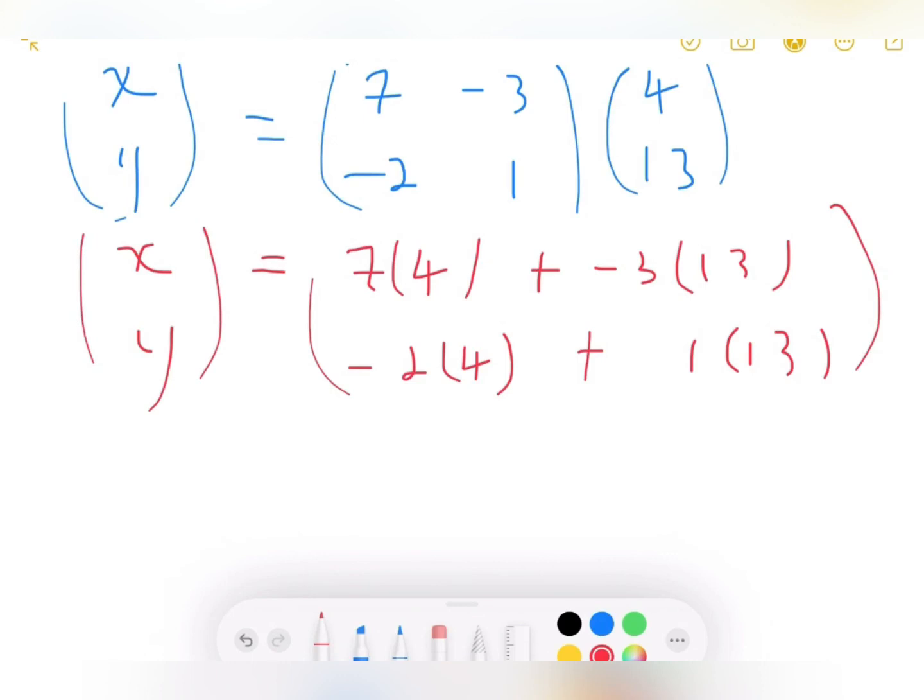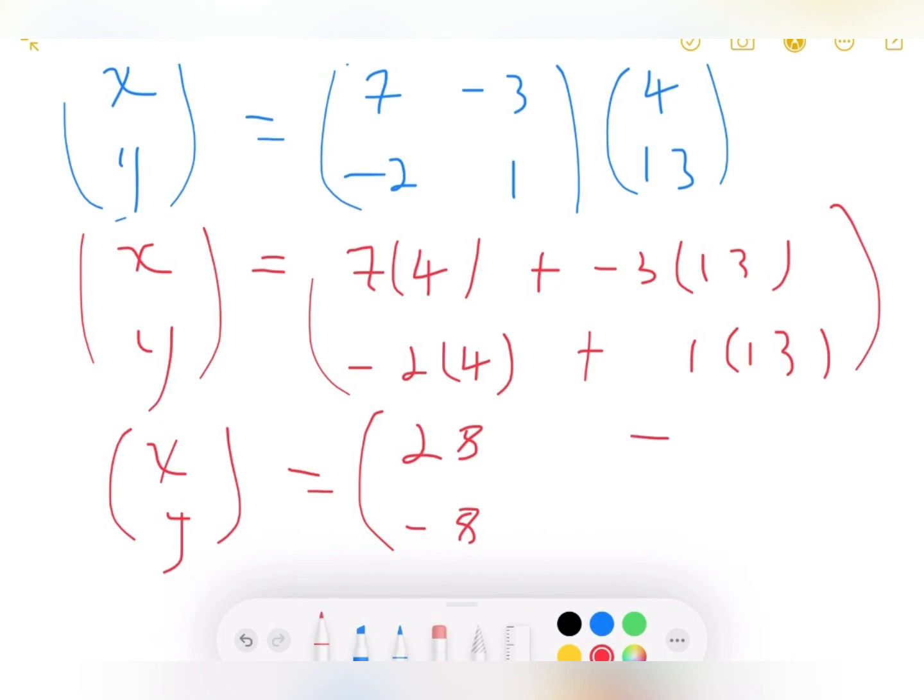So 7 times 4 is 28. So let's write that. X, Y equals 28. Negative 2 times 4 is negative 8. Negative 3 times 13 would give us negative 39.